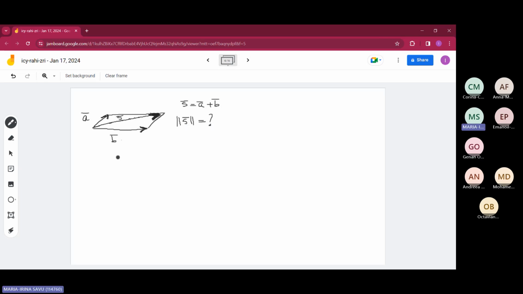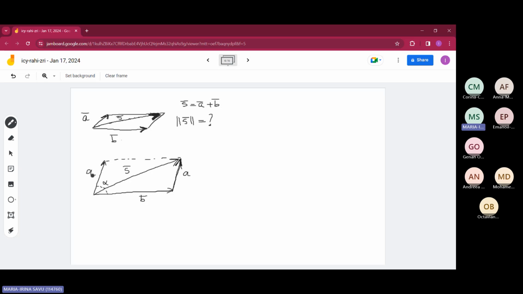Well, let's see. Let's make a clip from here. So we have this one and this one. You know that this is A, but this is also A, right? Because they are equal vectors. And this is B, and this is S. This one here is alpha.